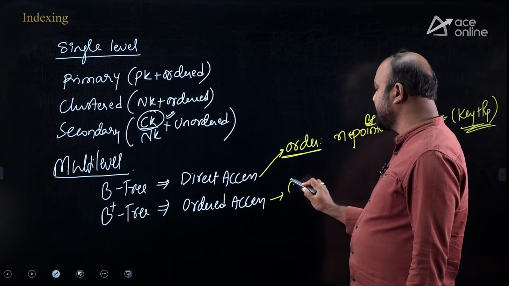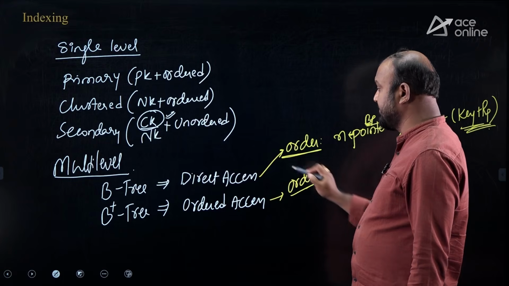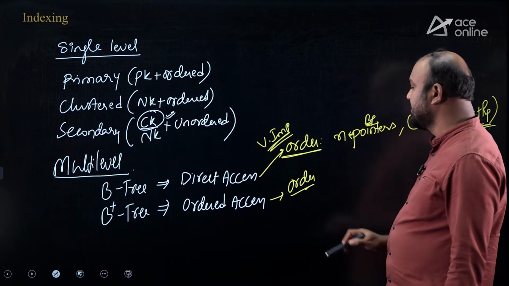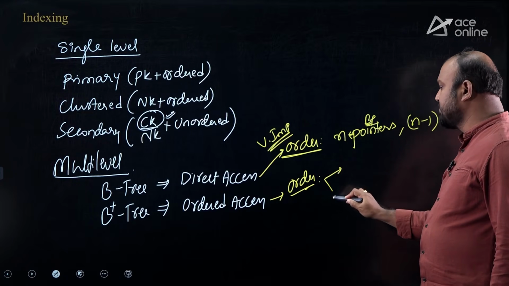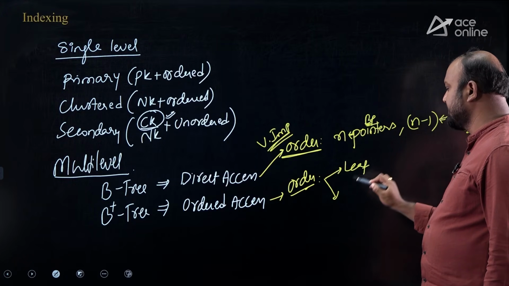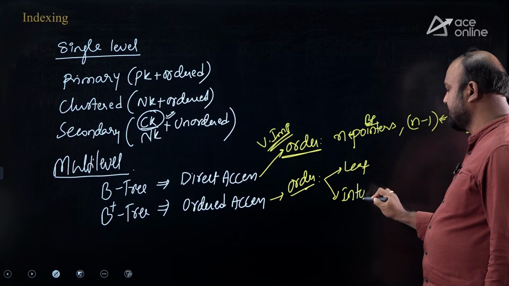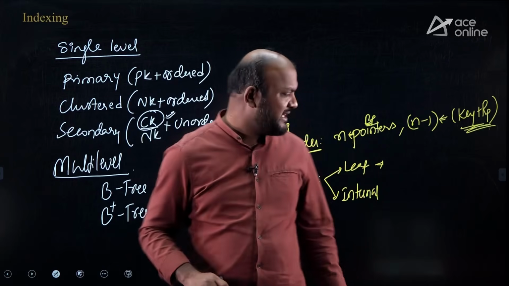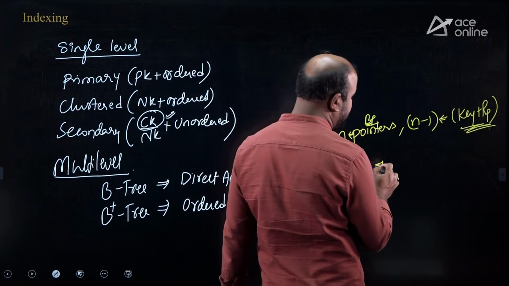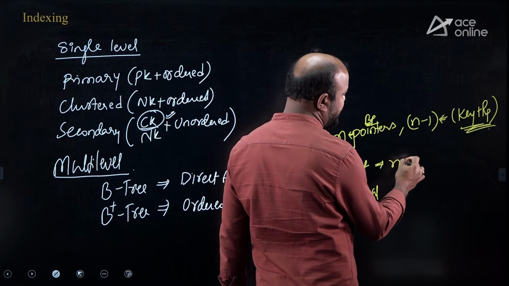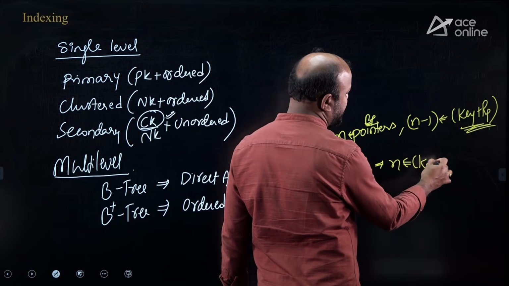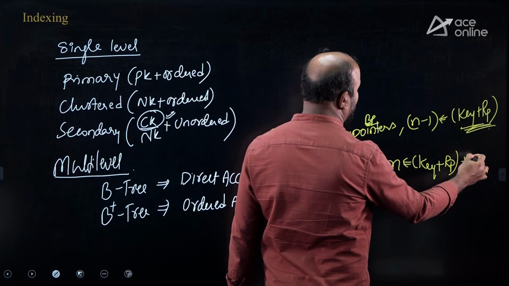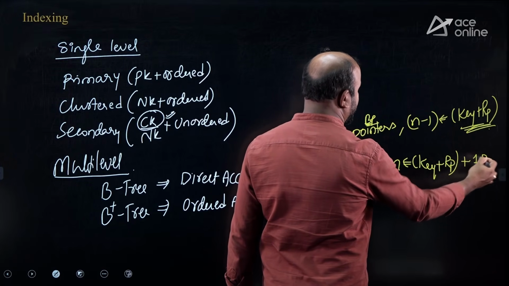When it comes to the B plus tree, orders are very important. And for orders, we have two things: leaf node order and internal node order. What is there in the B plus tree leaf node? In the B plus tree leaf node, we have n key plus record pointers and 1 block pointer.